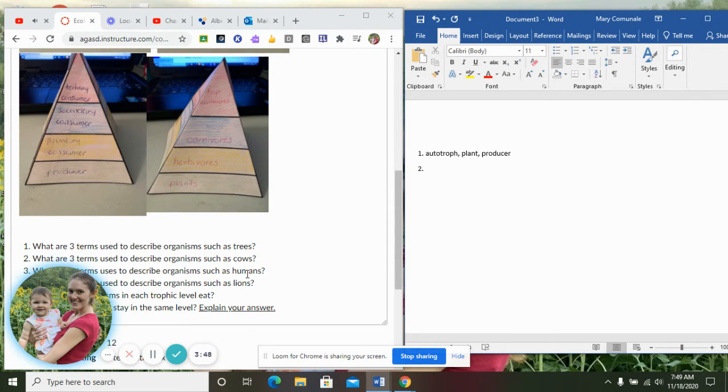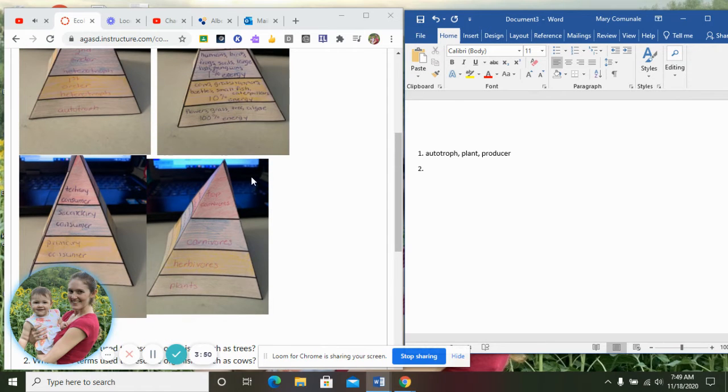Next, I need 3 terms to describe organisms such as cows. So cows are in the yellow, so I'm going to look at my yellow terms. I could call them a first order heterotroph, primary consumer, or an herbivore. I thought I'd spelled that right. First order heterotroph.